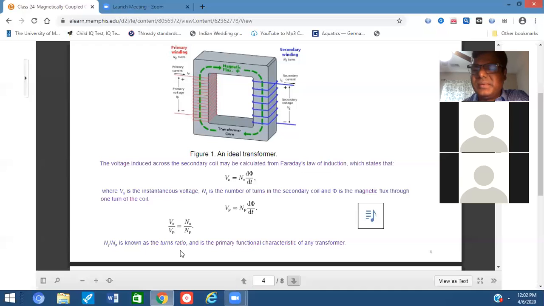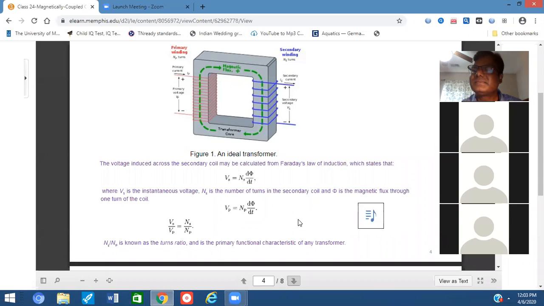Soon we will be solving a problem that will help you. Ns/Np is called the turn ratio, the primary functional characteristic of any transformer. Typically Ns/Np is denoted by the symbol a, small letter a. So far everybody is fine?